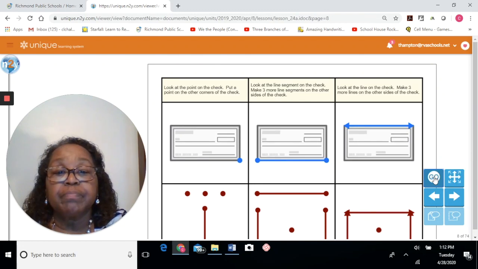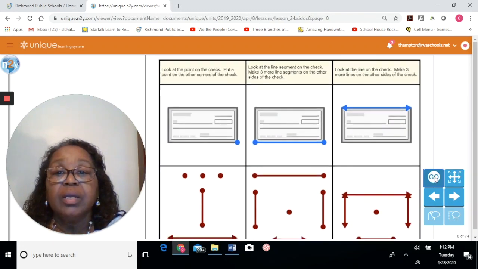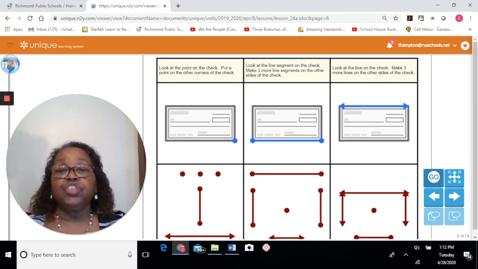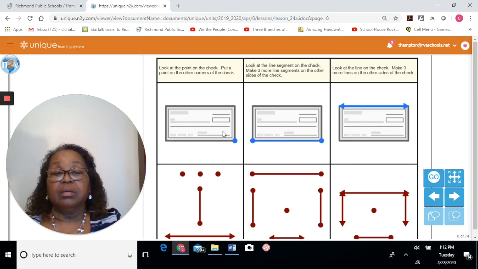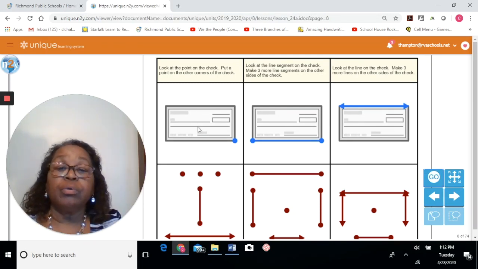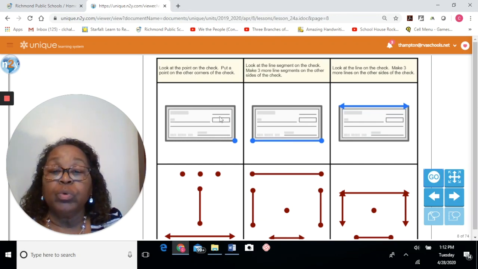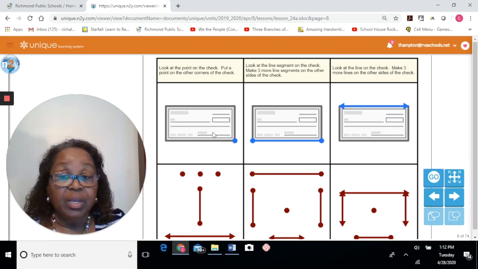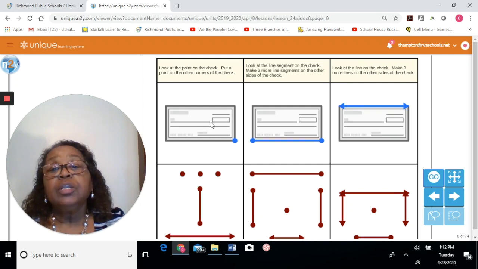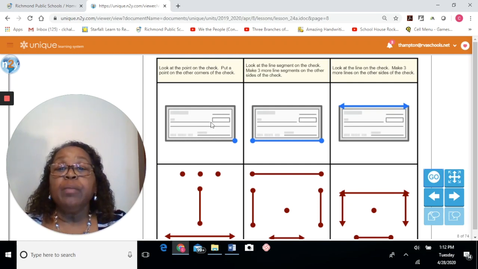It says, look at the point on the check. This is the check. We talked about that in our story. Our character got a job, earned a check. Okay, look at the point on the check. Put a point on the other corner of the check.